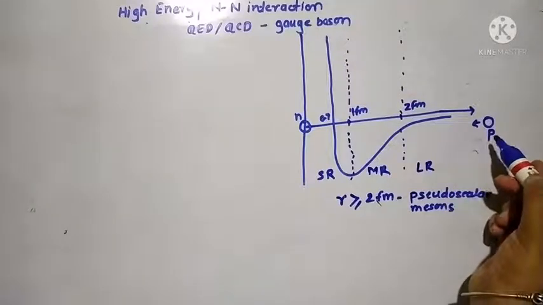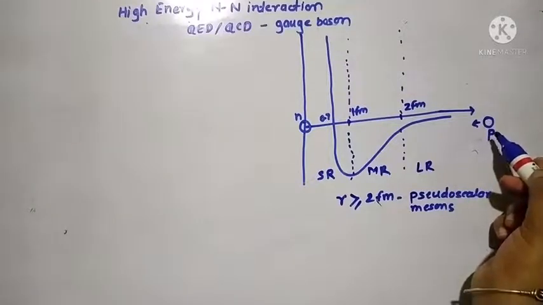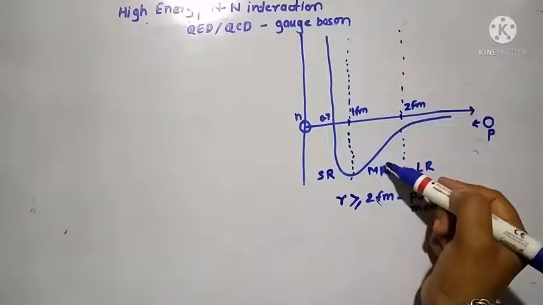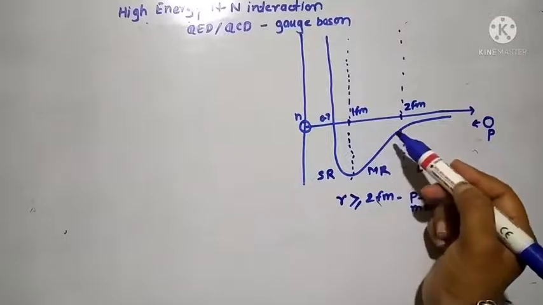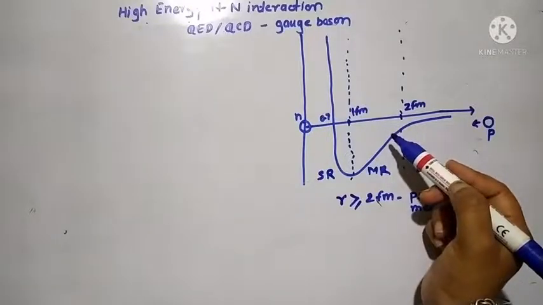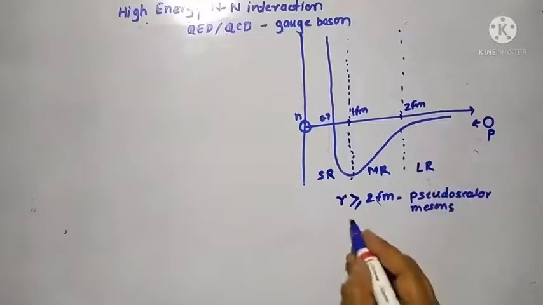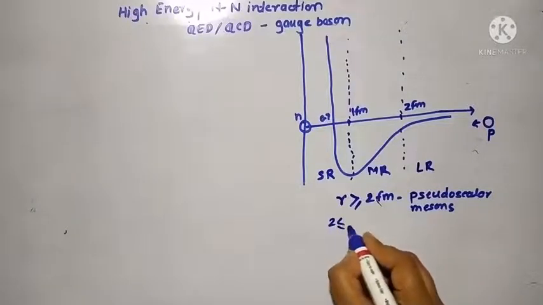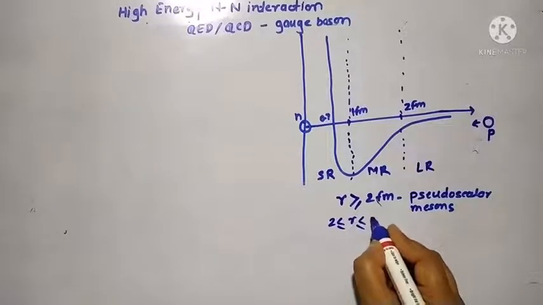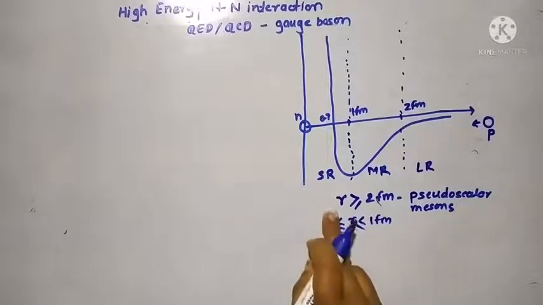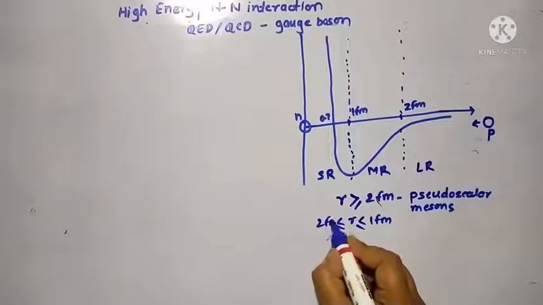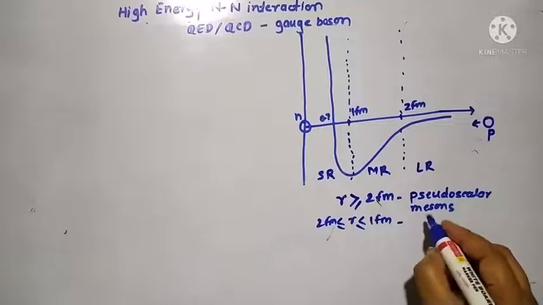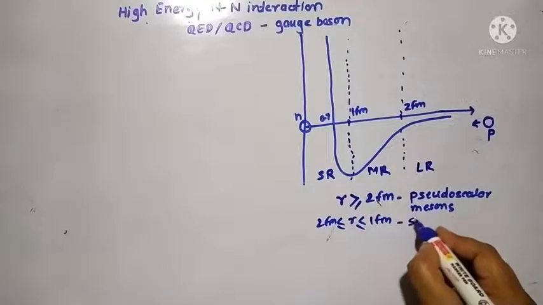Now if I increase the kinetic energy of this proton, and it is possible for this proton to reach the medium region, where the distance between the proton and neutron is between 1 femtometer and 2 femtometers, we can write it here as less than or equal to 2 femtometers, to 1 femtometer. So this is in femtometers.